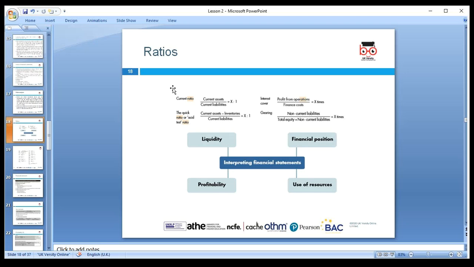It means 60% of your company is owned by your creditors, the people you borrowed money from. You only own 40%, and you're saying it's your company. Yes, the interest cover ratio means how much interest you paid against the profit. Maybe you have a profit, but all the profit goes towards your loan payments. So that's what we need to look at.